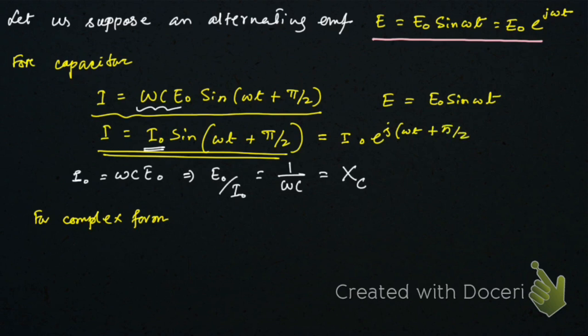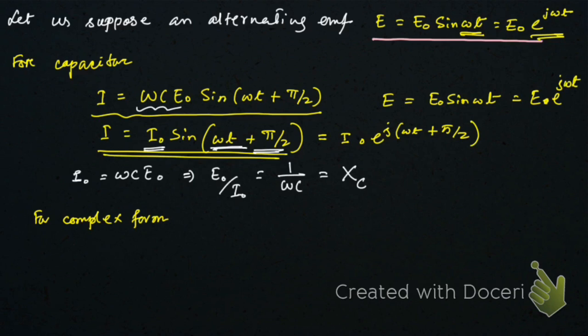When you have sine omega t only, then you can write e to the power j omega t. Now we have sine omega t plus pi by 2, that's why we are writing here e to the power j omega t plus pi by 2, and this is E naught e to the power j omega t.